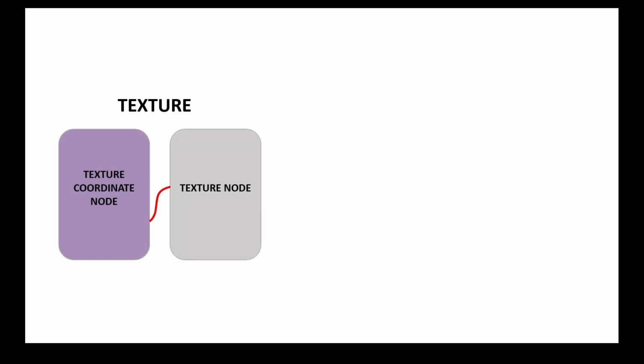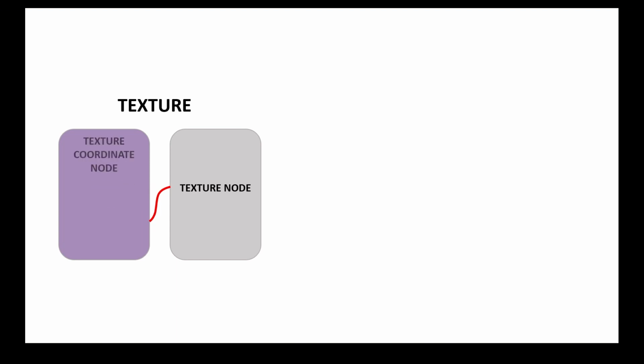That means from left to right. The shading network usually starts with a texture node, which basically adds details to materials. Textures, which come in gray color, are accompanied by what are called texture coordinates, which determine how and where the texture needs to be applied on the surface.